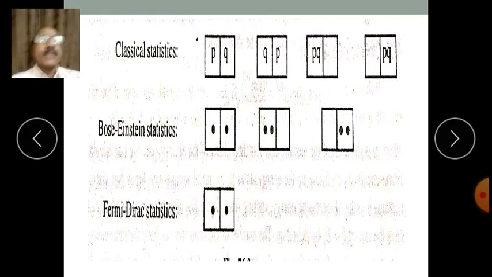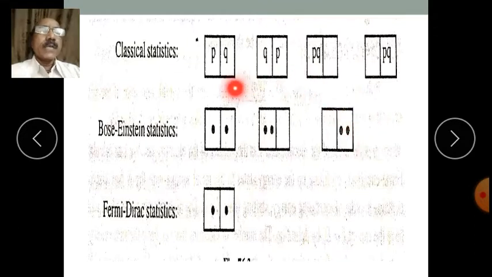So these two particles can occupy a single compartment. So we get three different microstates.